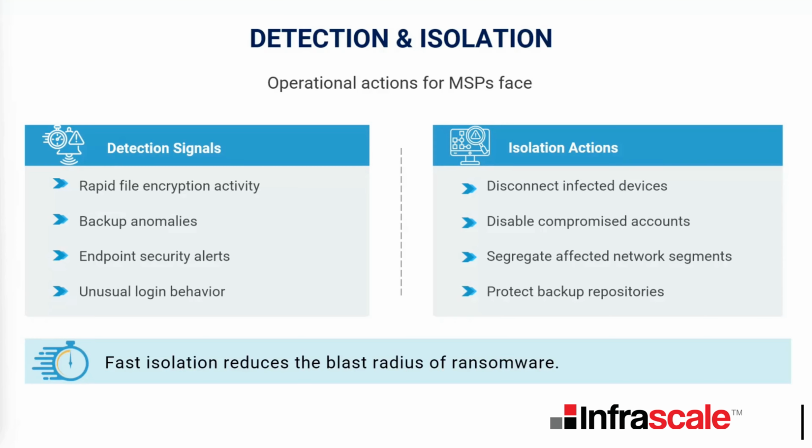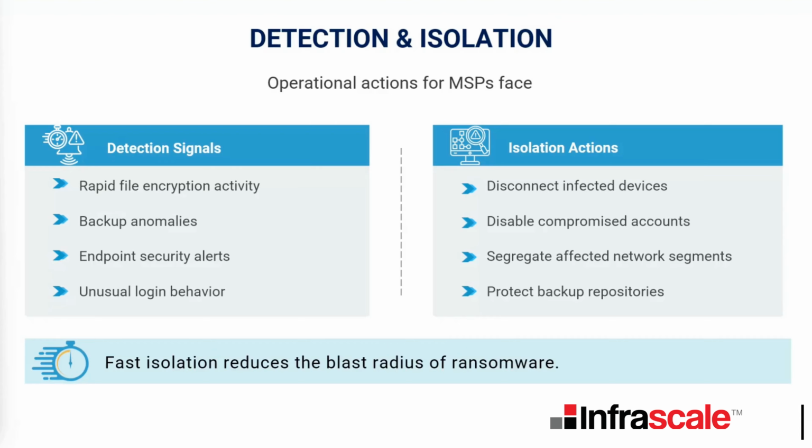So once something suspicious is detected, the next priority is isolation. The goal here is simple: stop the attack from spreading further across the environment. That typically starts by disconnecting infected devices from the network so they can't continue encrypting files or communicating with other systems.